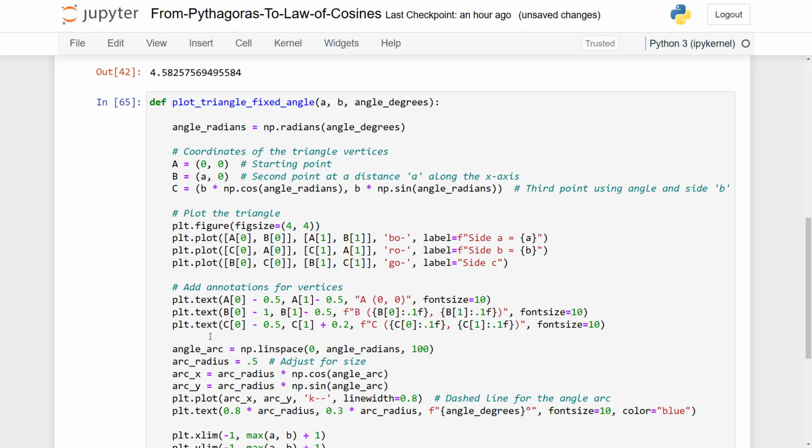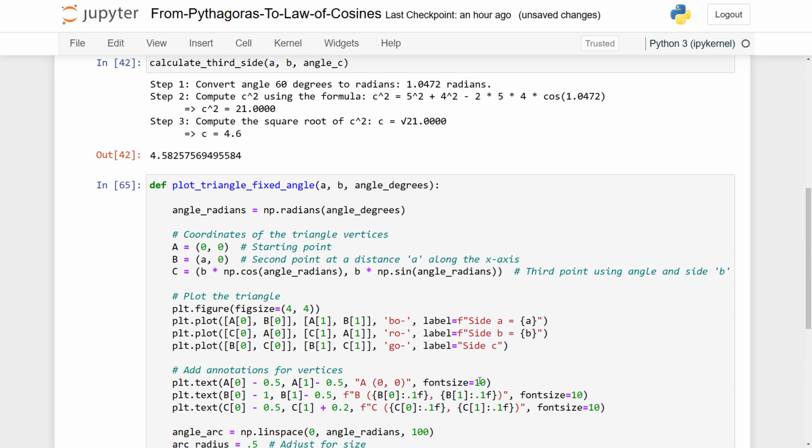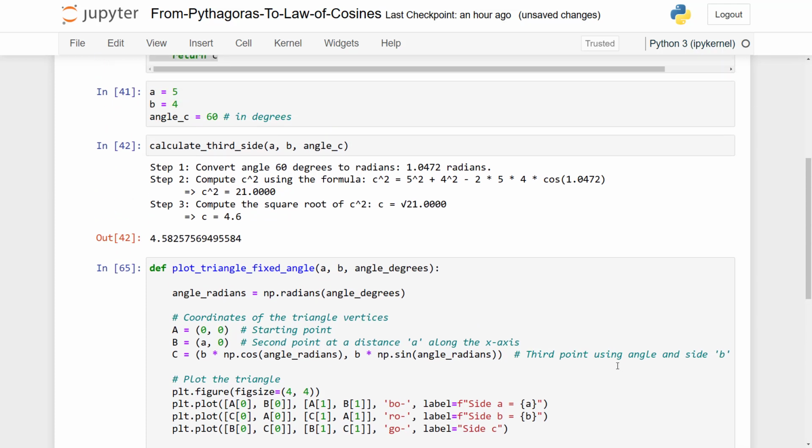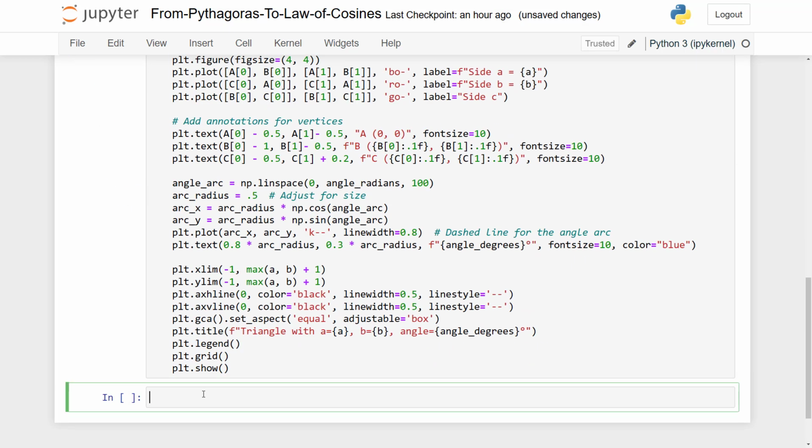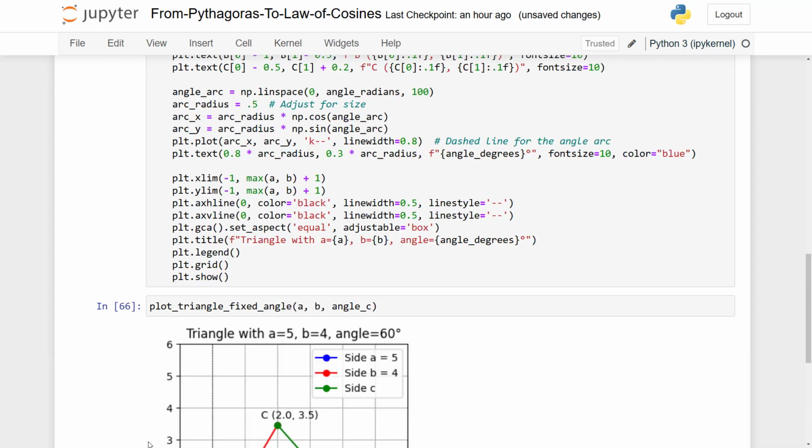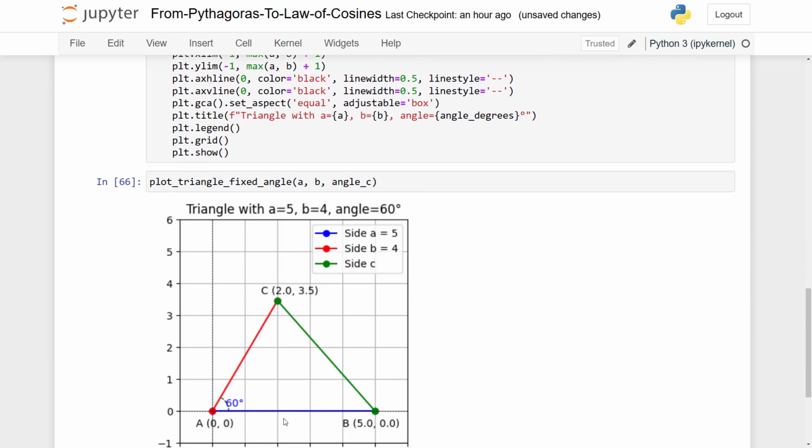I would say, and now we do plot triangle fixed angle, and we use a, we use b, and we use angle c. This is how it looks like. We have side A, we have side B. You see, side B is 0 to the side A. This is how we get the B coordinate.